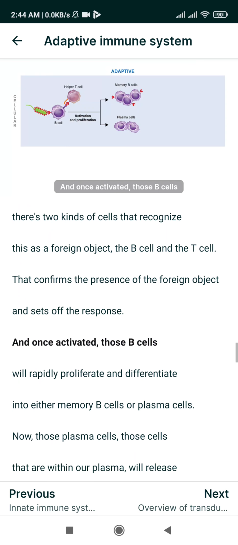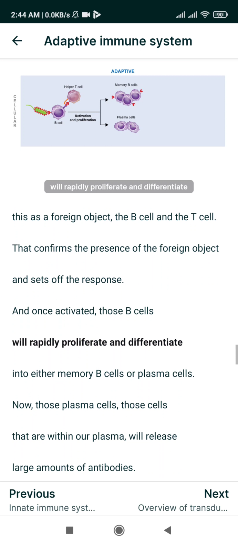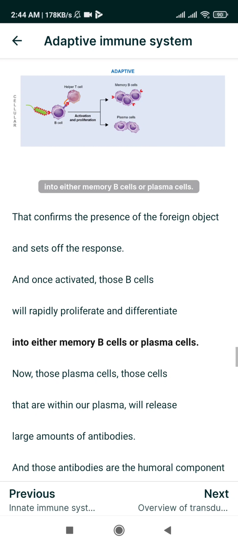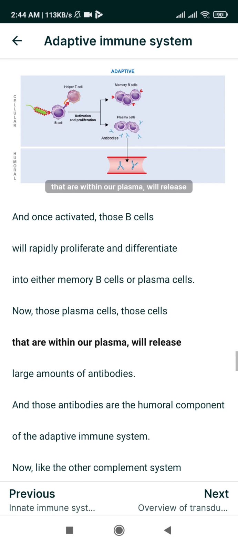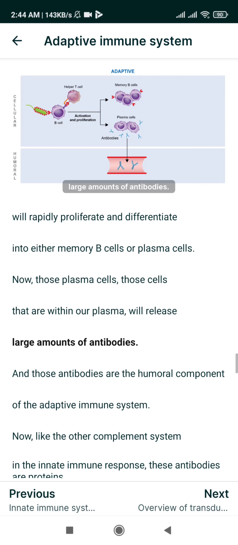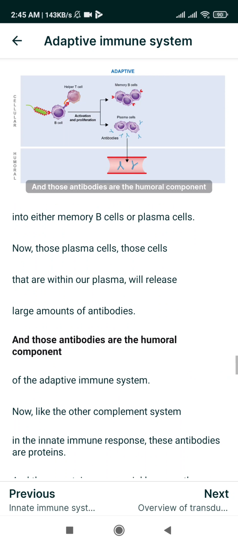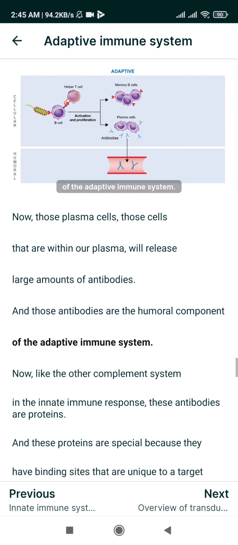And once activated, those B cells will rapidly proliferate and differentiate into either memory B cells or plasma cells. Now, those plasma cells, those cells that are within our plasma, will release large amounts of antibodies, and those antibodies are the humoral component of the adaptive immune system.